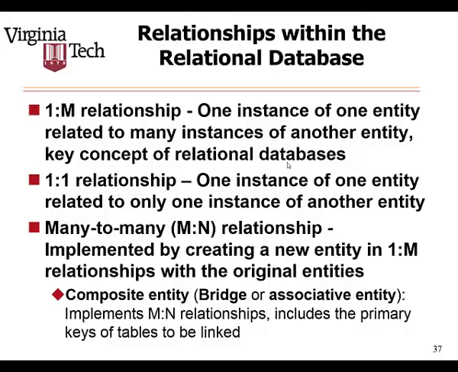And that is the key relationship in all relational databases. It's important to think that what we're talking about is an instance of one entity associated with many instances of another entity. So that one instance is on the primary key side, and the many instances are on the foreign key side.